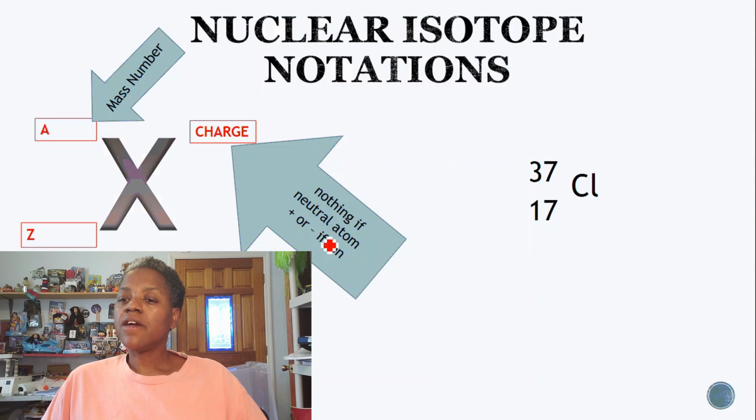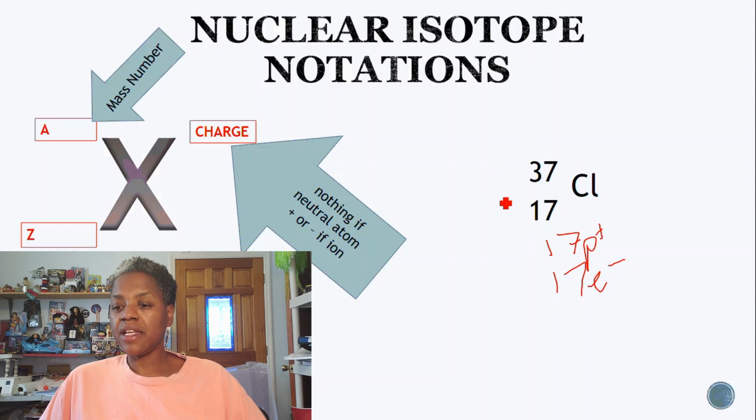So when we look here, chlorine 37, this is neutral. That means that it has 17 protons and 17 electrons. And if I want to know how many neutrons, I take my mass number minus my atomic number. So 37 minus 17 gives me 20 neutrons.